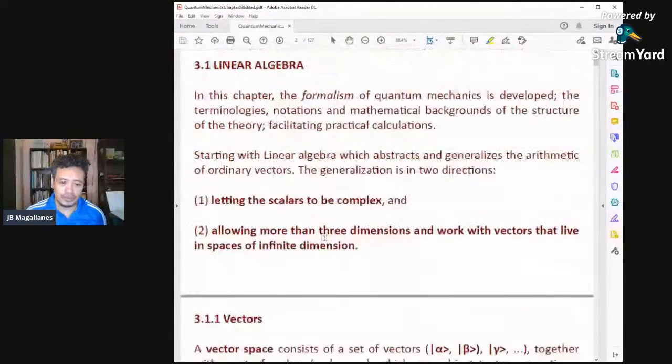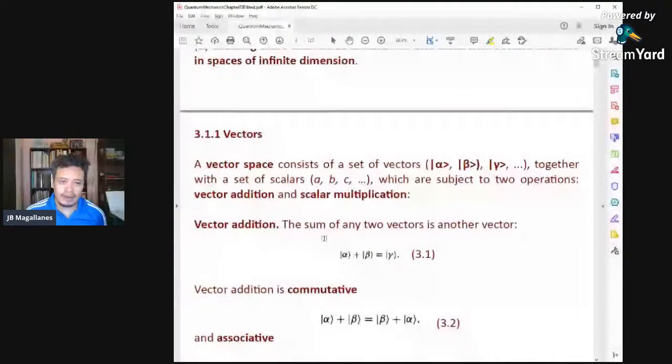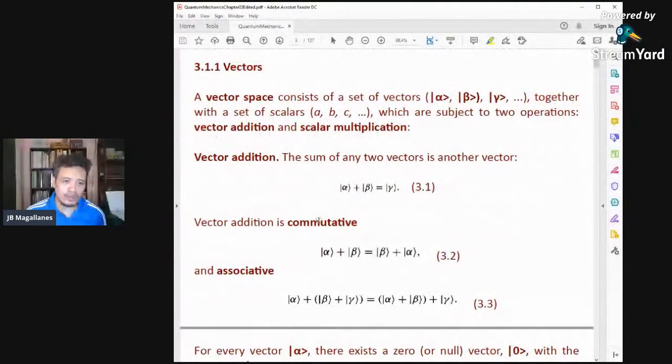So we start with vectors. Earlier on, we know that vectors are in 3 dimensions, like those vectors in the Cartesian space, where you have a component along the x, along the y, and along the z. But in general, vectors could have dimensions greater than that.